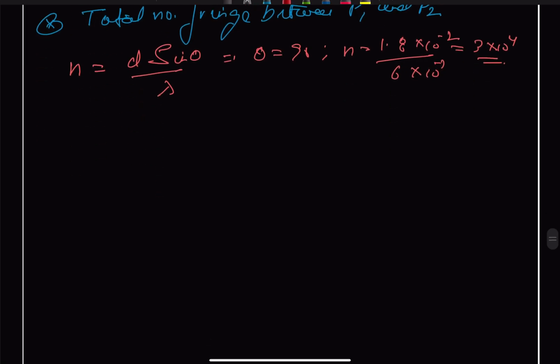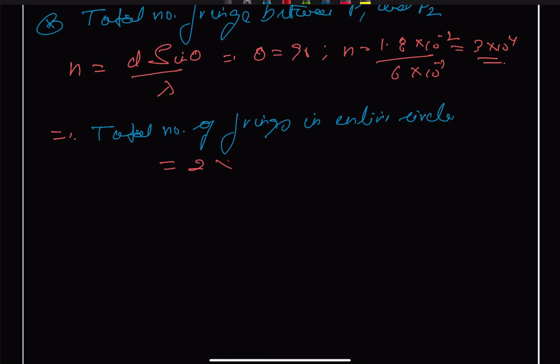You can say that the total number of fringes in the entire circle is equal to 2 into 3 into 10 to the power 4, and this comes as 6 into 10 to the power 4.